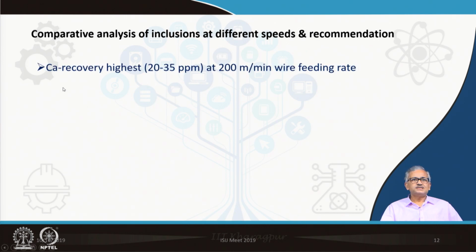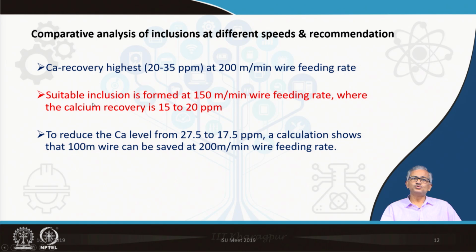Now, what we can find, see, is that the calcium recovery is highest if this is at 200 meter per minute. At this wire feeding rate, we found that calcium recovery is maximum. Okay. And then the calcium level in the bath was 20 to 35 ppm. Okay. But the suitable inclusion form is at a lower speed, at 150 meter per minute wire feeding rate, where the calcium level is 15 to 20 ppm.